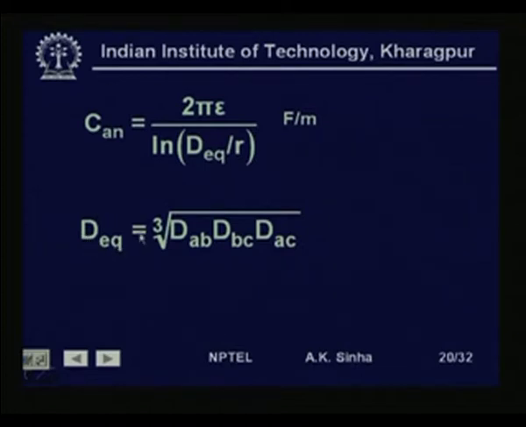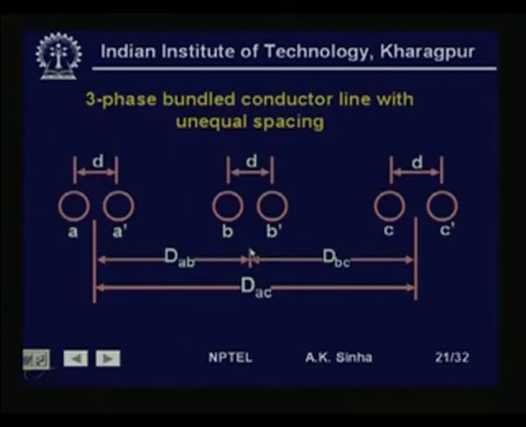So, D_eq is equal to the cube root of D_ab into D_bc into D_ac. This is what we had seen in an earlier lecture on the 3 phase line, that is in lesson 4.